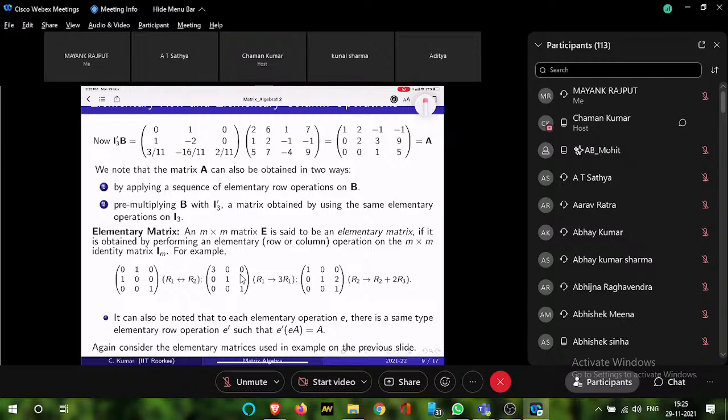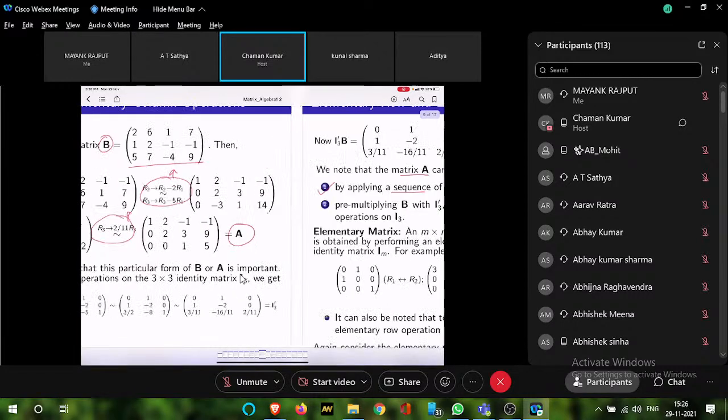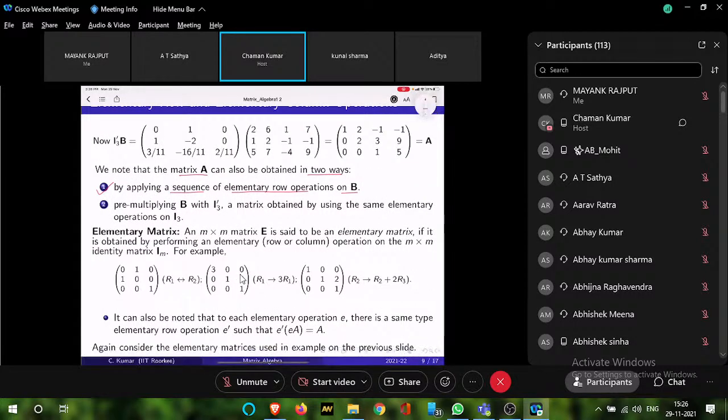So now we say that we can obtain matrix A from matrix B in two ways. First, by applying the sequence of elementary row operations on the matrix B directly. This is the direct calculation that we performed first. And the second one is, you do not perform the elementary row operations on the matrix B directly.